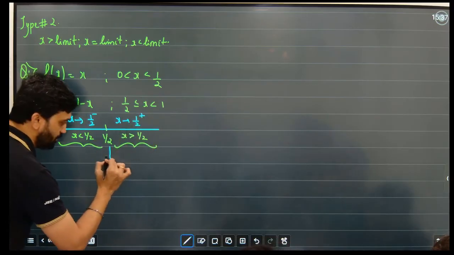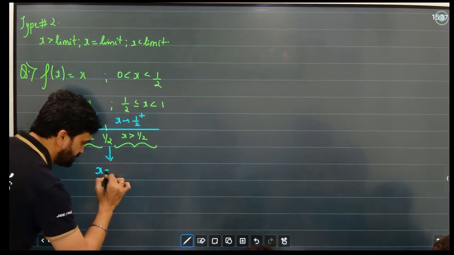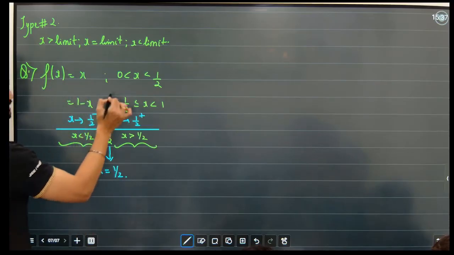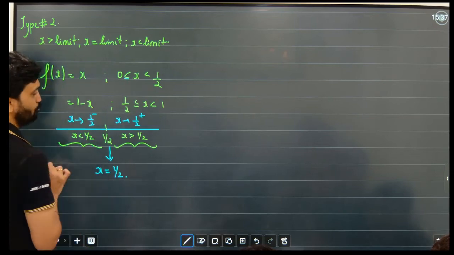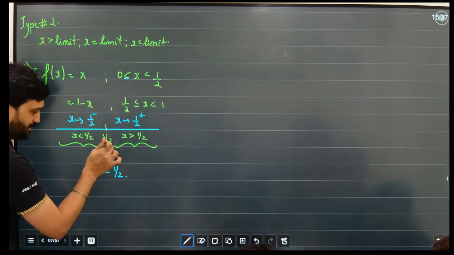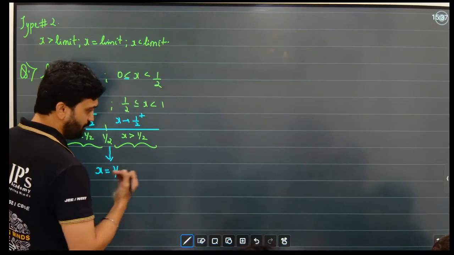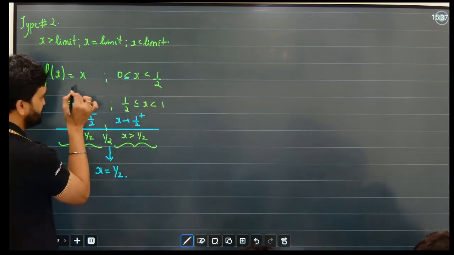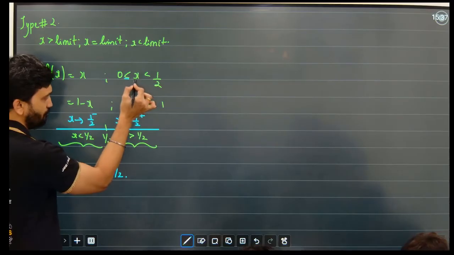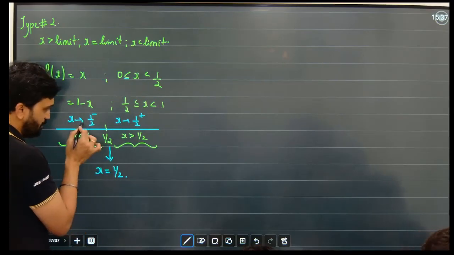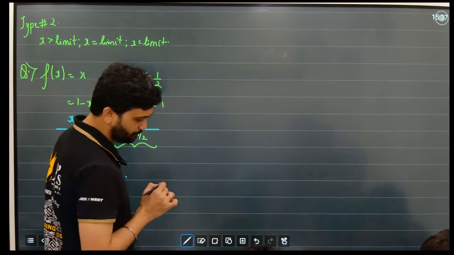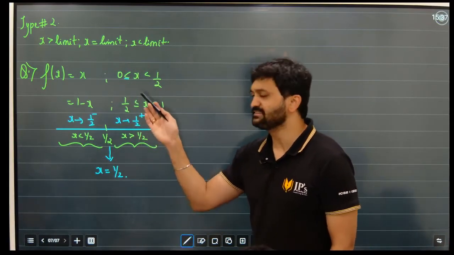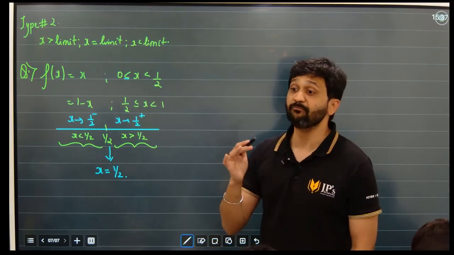And this point means x is equal to half. So whenever we do the sums, if I am standing at half, I will be x equal to half. If the question is given in such a way, first I will check for all values of x which are less than half, denoted by x tends to half minus. Second part is I check for all values of x where x is greater than half, that is half plus.